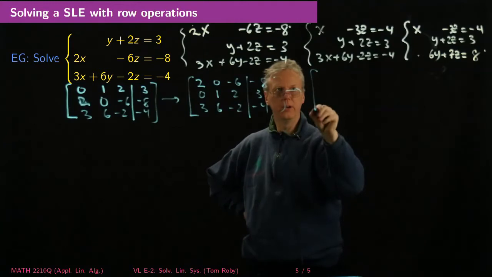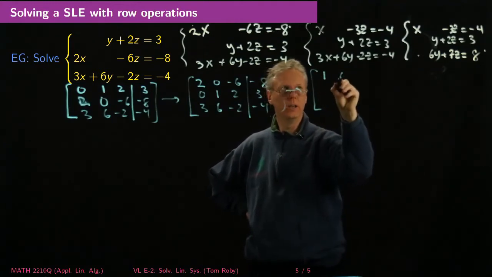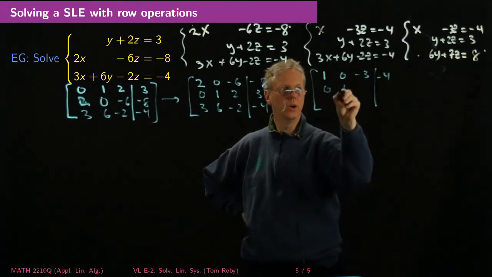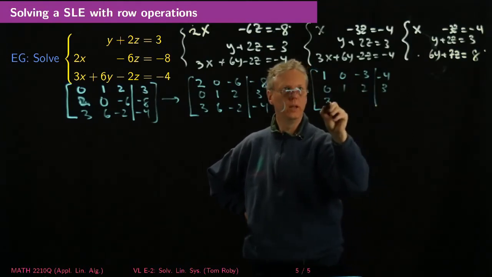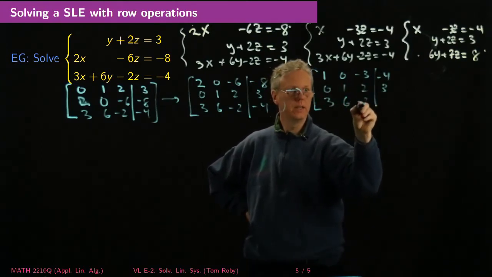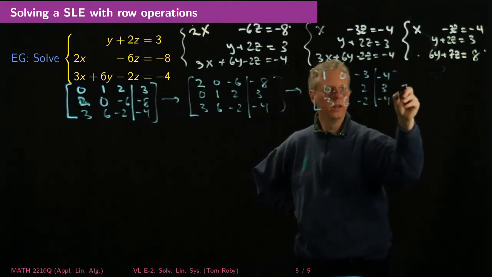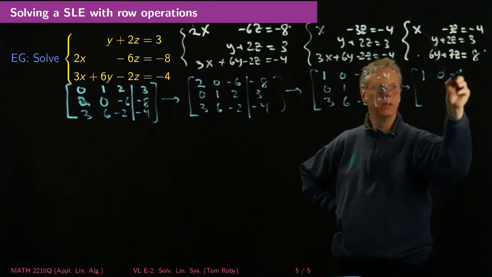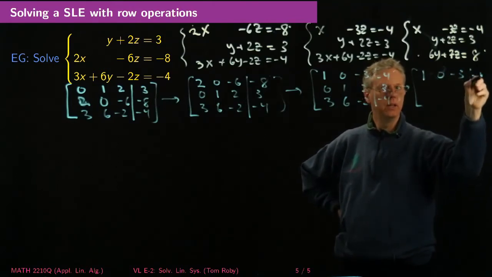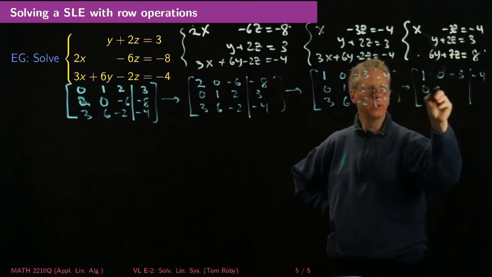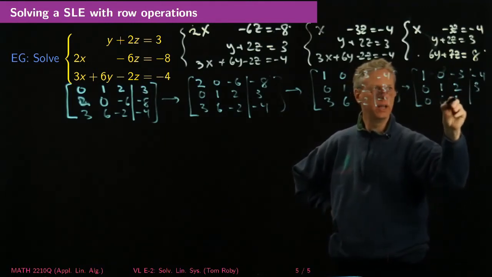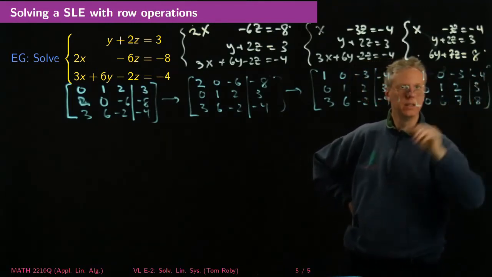Right? And then what did it go to here? Well, it went to 1, 0, -3, -4, 0, 1, 2, 3, 3, 6, -2, -4. And then in this last one, I had 1, 0, -3, -4, 0, 1, 2, 3, and 0, 6, 7, 8. Okay?